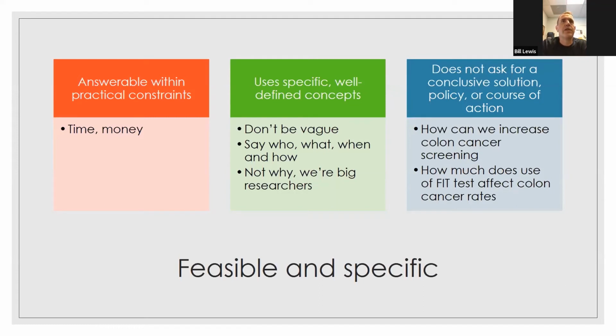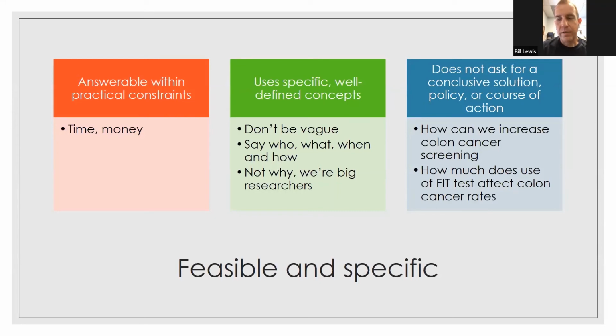Again, this one goes back into, you want to ask for specific and well-defined concepts. You don't want to be vague. You want to answer the who, where, when, and what. You want to say, this is in a rural population if we're doing it here.